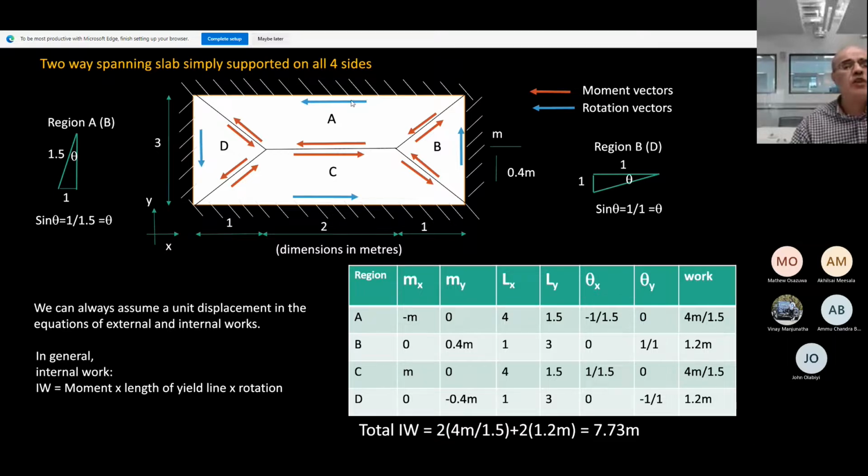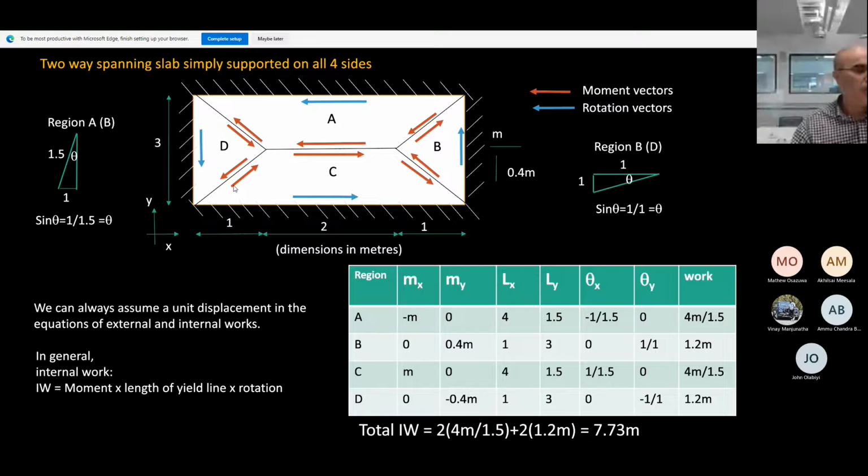The other thing you notice, can you see that the direction of the rotation vector here follows the same general trend as the vectors for the moments? And you can see here the same. You got this following the same trend. See that?